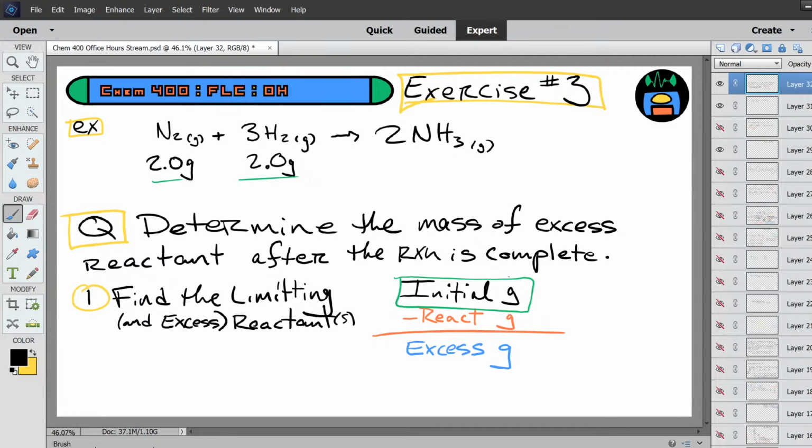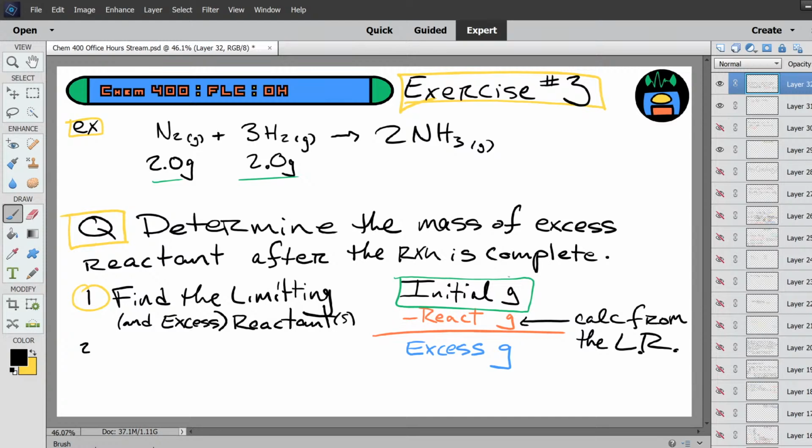You've got to calculate it from the limiting reactant. So that's why you need to know what the limiting and excess reactants are. Step number one, find the limiting reactant.